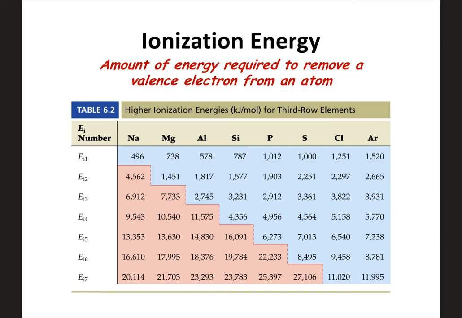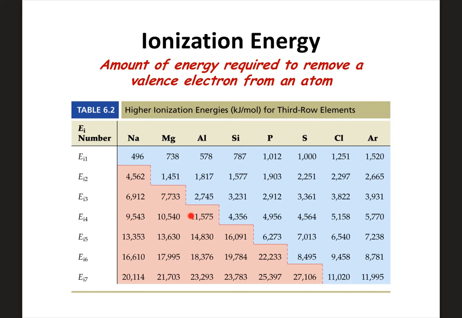All right, we can even look at one we didn't look at yet. Look at aluminum. If you find aluminum on the periodic table, aluminum's in the 3 plus column. Aluminum has 3 valence electrons he wants to get rid of. So notice the first 3 ionization energies for aluminum, it increases from one to the next, but you don't see a massive jump until you go and try to remove the 4th valence electron.